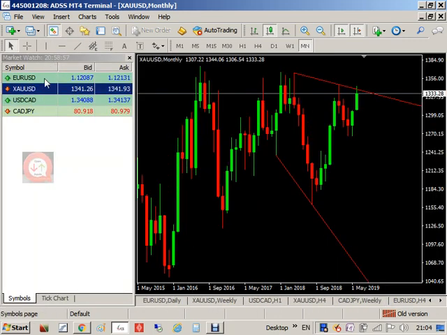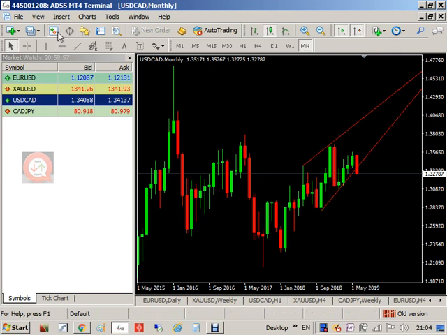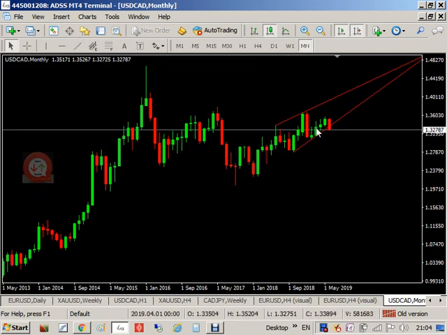If I go for example to the US dollar with the Canadian, this is monthly. It looks like it is going to crack. It has already gone below the main and major support. So next month is the confirmation month for selling the US dollar against the Canadian dollar.